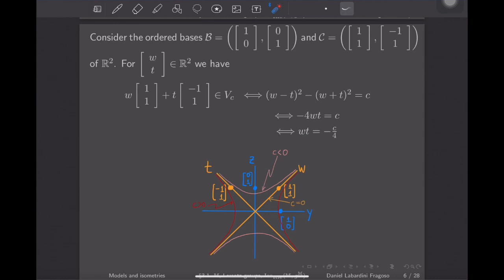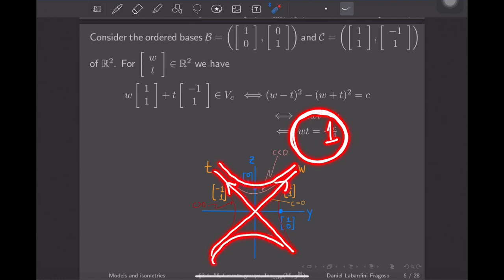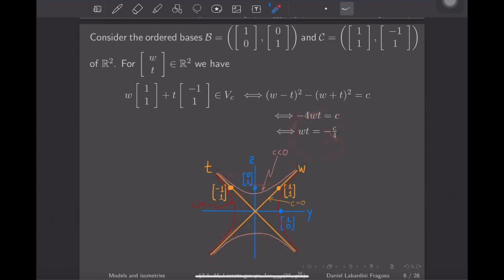And then I can see, for C negative, let's say C equal to -4, so that this becomes 1, and this is the easiest hyperbola to draw, right? And then it has to be drawn. If you tilt your heads, it has to be drawn here, and here. So this is for C negative, right?